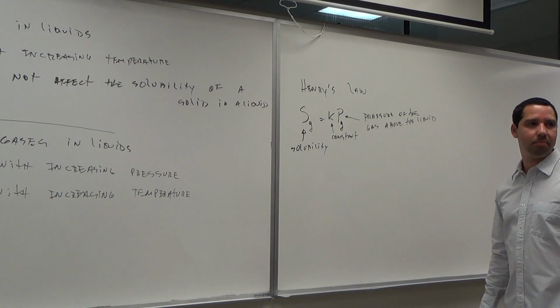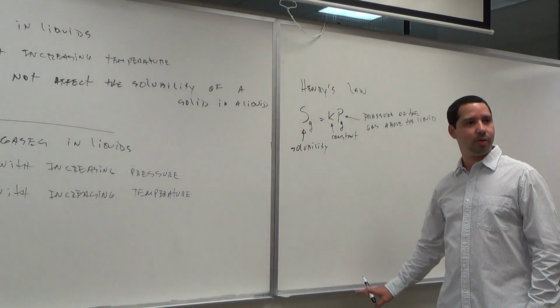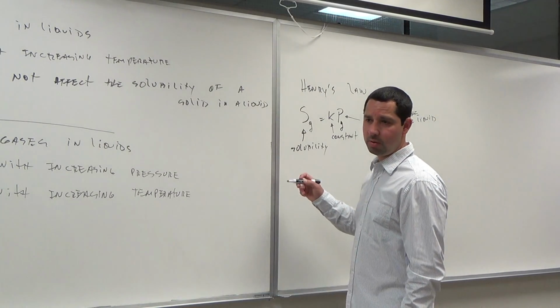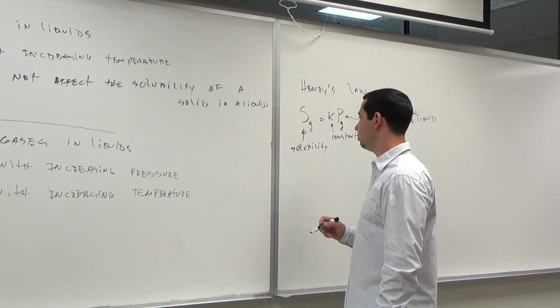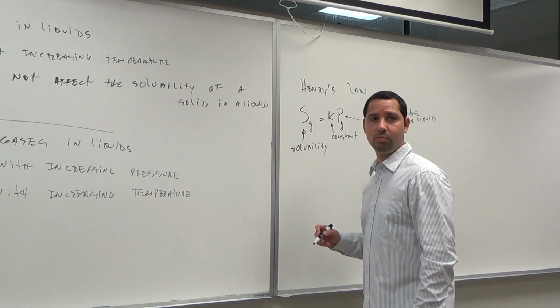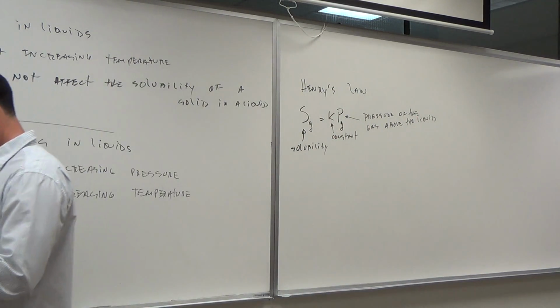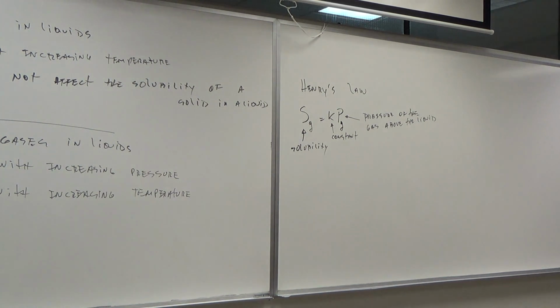The solubility is given in moles, or whatever. Pressure is in atm. The concentration units could be molarity, moles per liter, could be ppm, could be anything, okay?